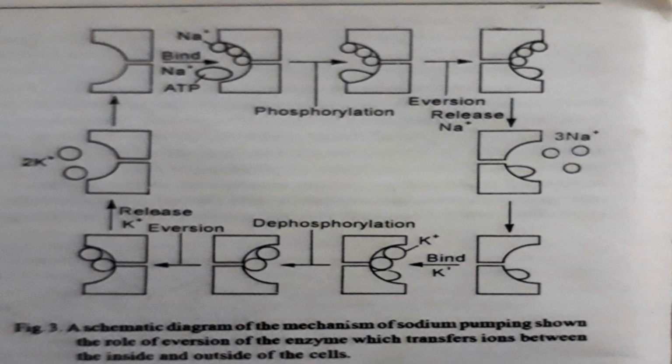The transport of glucose and amino acids into the cell is coupled with sodium transport, which is favored by greater concentration gradient. So the sodium entering the cell in this way must be pumped out again.